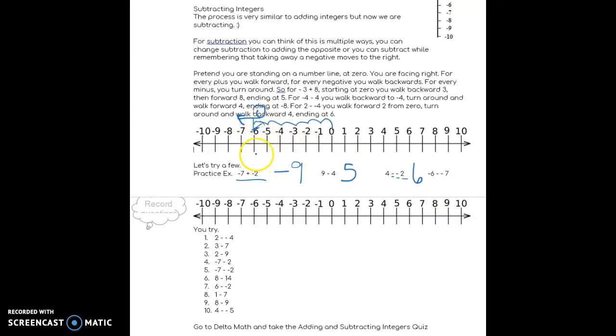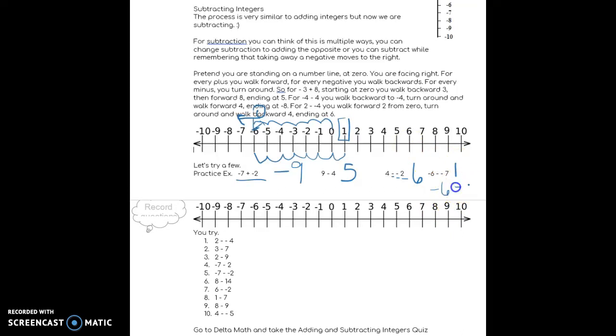For a negative, I walk backwards though, right? So 1, 2, 3, 4, 5, 6, 7, ending at positive 1, okay? I could rewrite this, negative 6 minus negative 7, change it to adding the opposite, change it twice, you're fine. Negative 6 plus 7 is positive 1, so I did the right thing. Love it when a plan comes together.